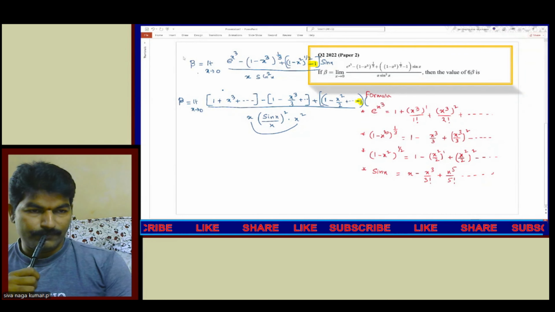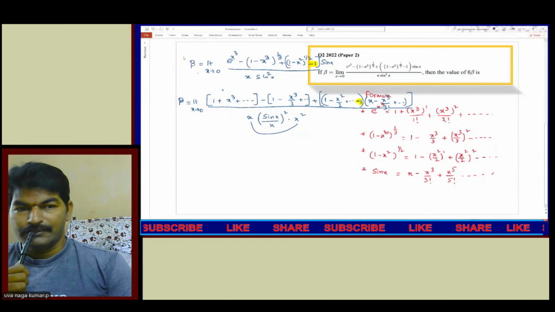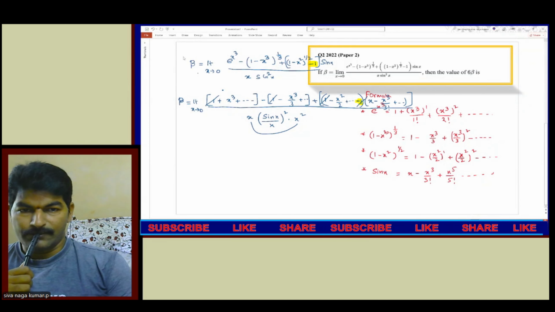You know sin x is x minus x cube by 3 factorial and so on. I close the bracket now. So now this plus 1 and minus 1 got cancelled. And also this 1 and this minus 1 got cancelled.